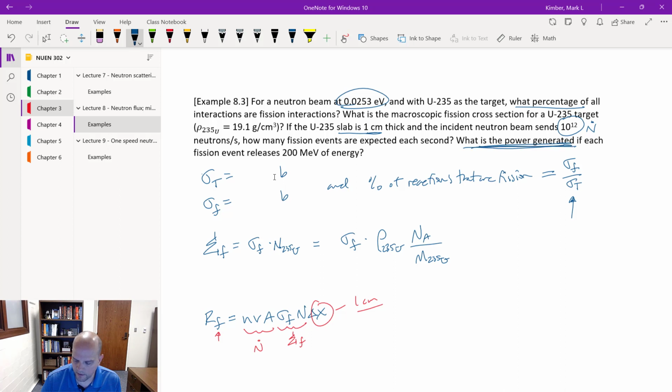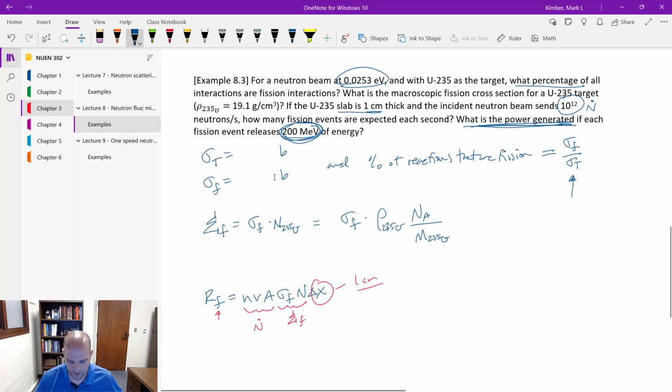So now we know how many fission events happen every second. And we are saying that for every one of those, we're going to get into more detail on quantifying this later on in the semester, but for now just take it as 200 MeV for every fission event that occurs. And if that is the energy that's released, then what is the power generated? Well, energy per time is power.